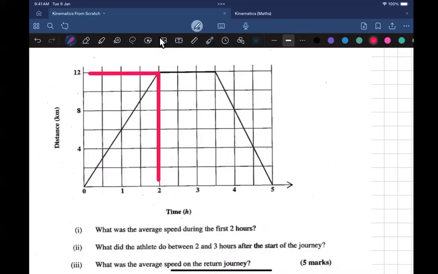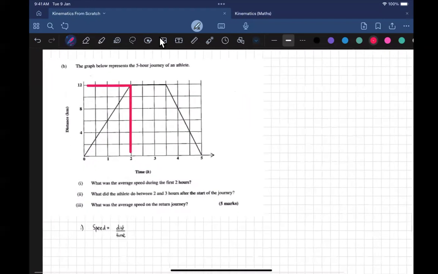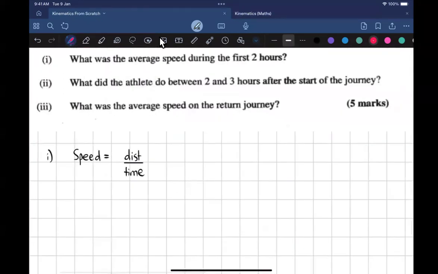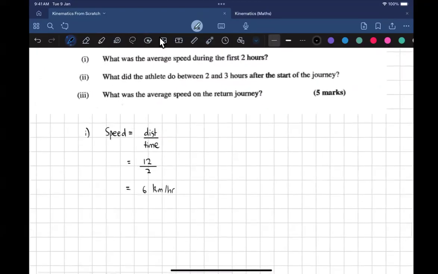So the runner would have run for 2 hours and then stopped. In 2 hours, he ran a distance of 12 kilometers. So we're going to write 12 over 2, and 12 over 2, as we know, is 6. And it's distance over time, so it's 6 kilometers per hour. Really simple.